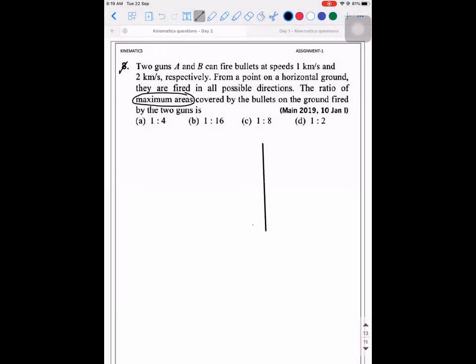Visualize this question. So when a bullet is fired like this, it is going to have a range. But if it is fired in all the directions, then what will be exactly formed at the bottom?